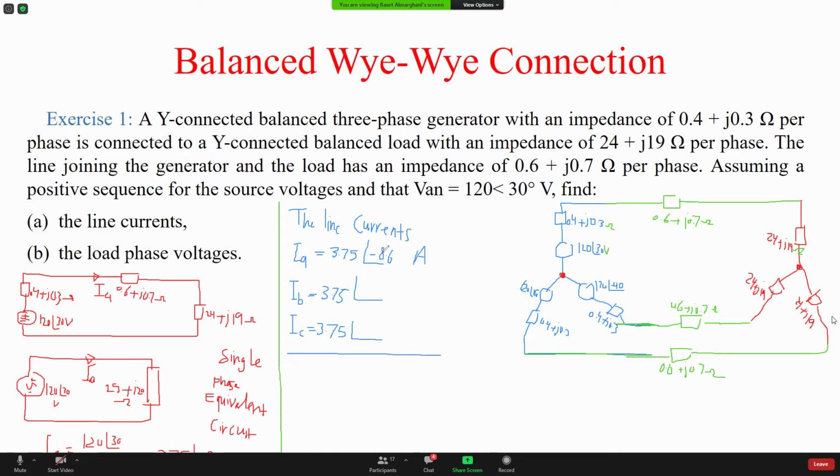So if I subtract 120 from this angle, I'm going to get minus 128.6 ampere. When I add 120, it's going to be 111.4 ampere. Now the load phase voltage, this is the second thing.